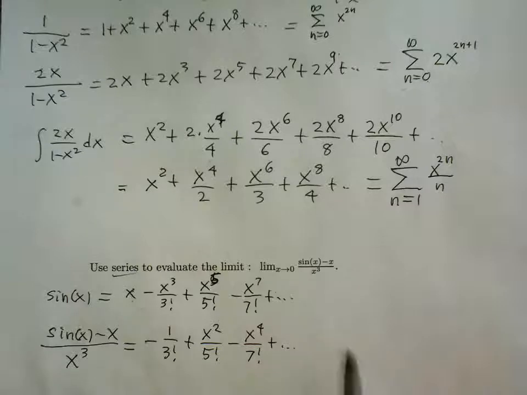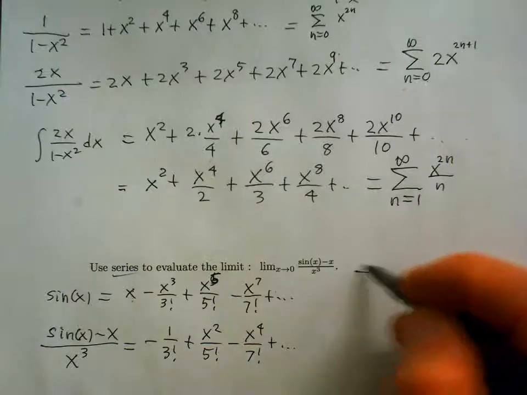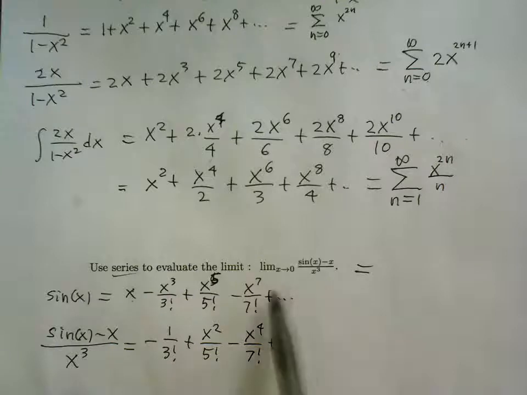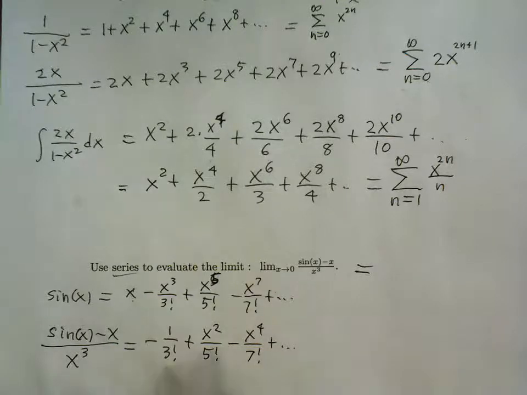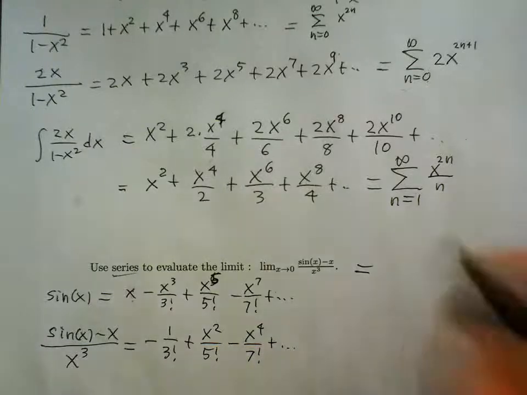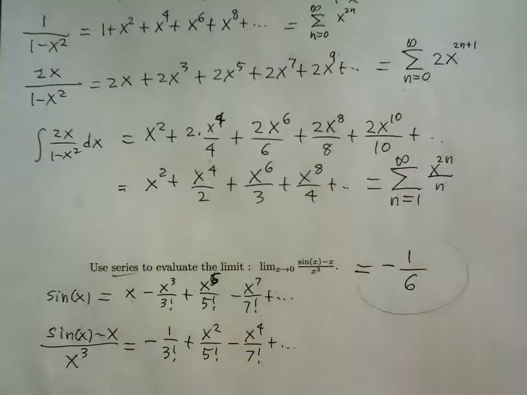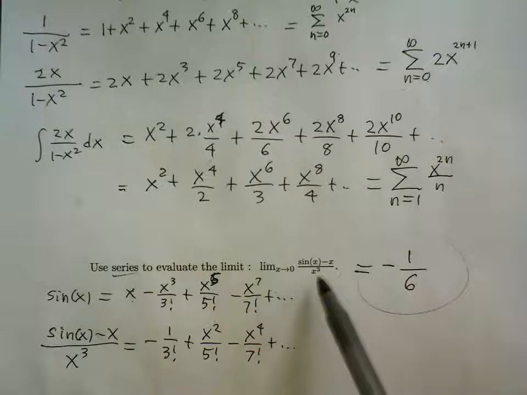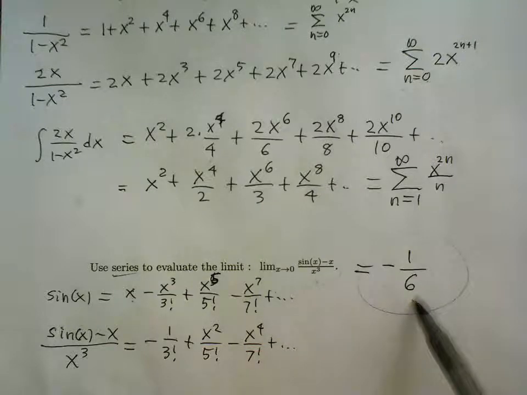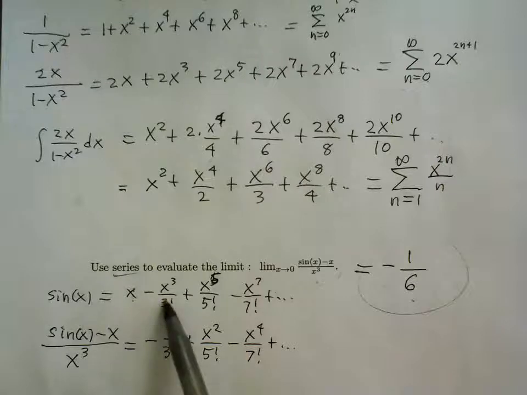And then when we take the limit as x goes to 0, there's only one term that does not go to 0, and that's negative 1 over 3 factorial, or negative 1/6. So that's all there is to that one. I don't know about you, but it's not obvious to me that this limit equals negative 1/6, aside from looking at the series.